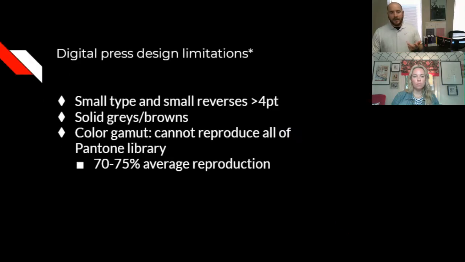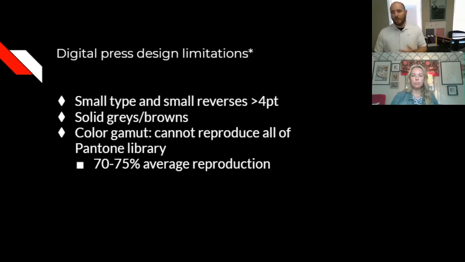So there are digital press design limitations, and again, with technology going up and quality going up, these become less of an issue. But what I would say is small type, small reverses, fine line work that's less than 4 or 5 point can get pretty difficult to reproduce and reproduce well.